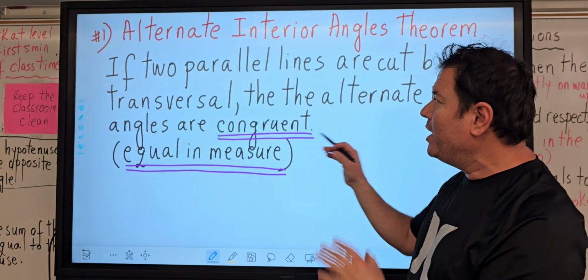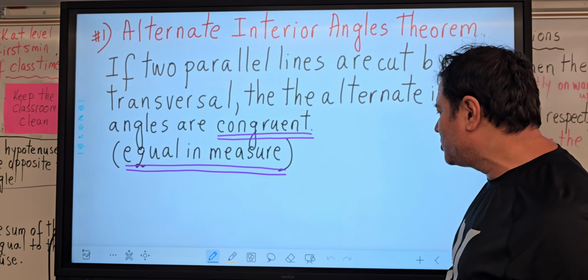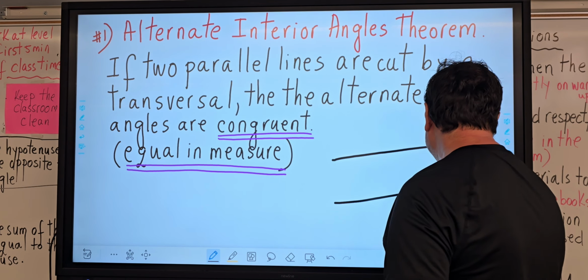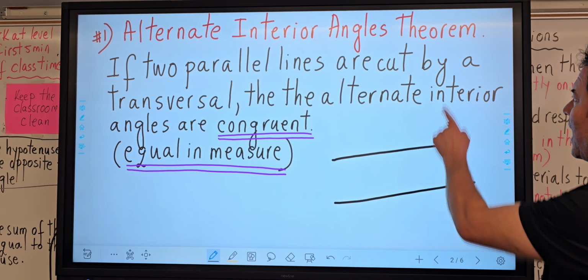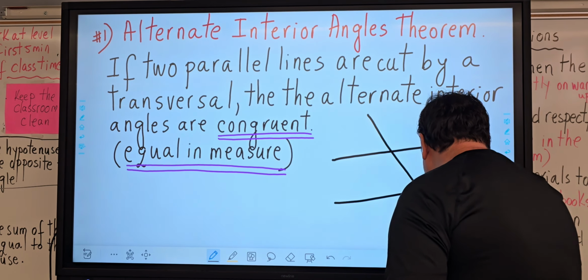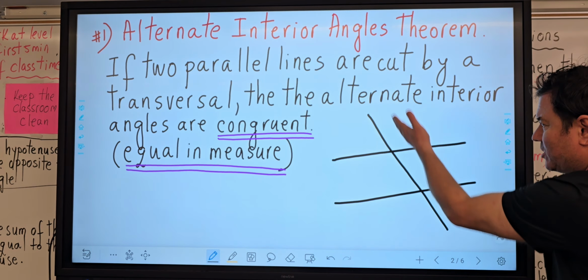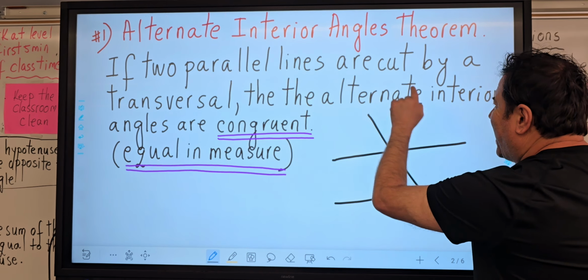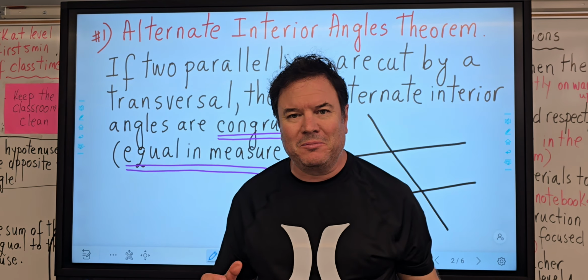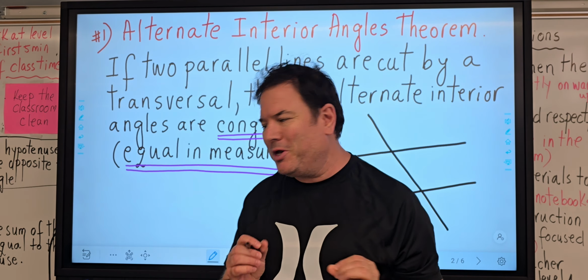According to this theorem, if two parallel lines are cut by a transversal, the alternate interior angles are congruent.